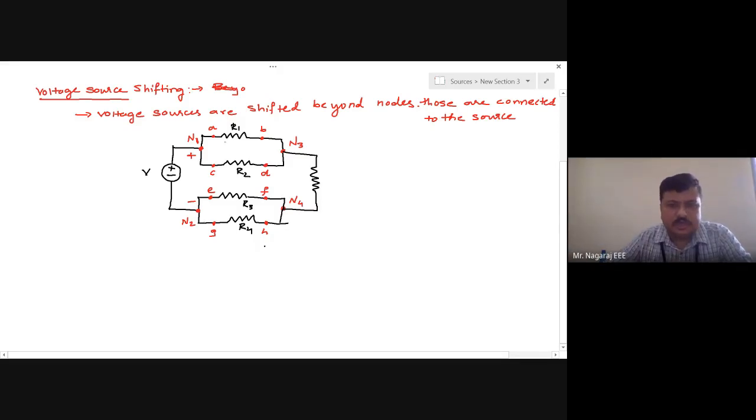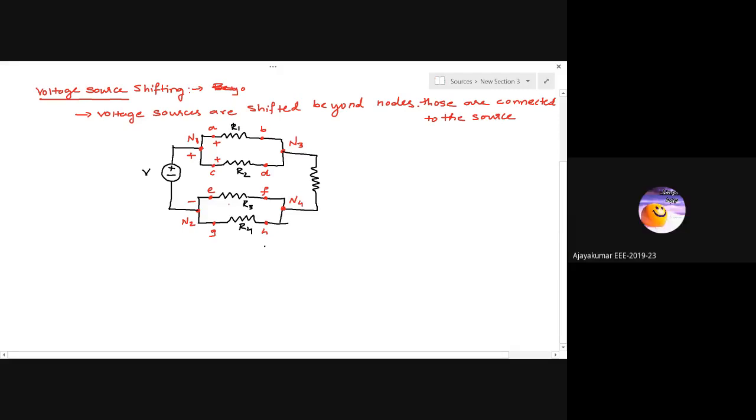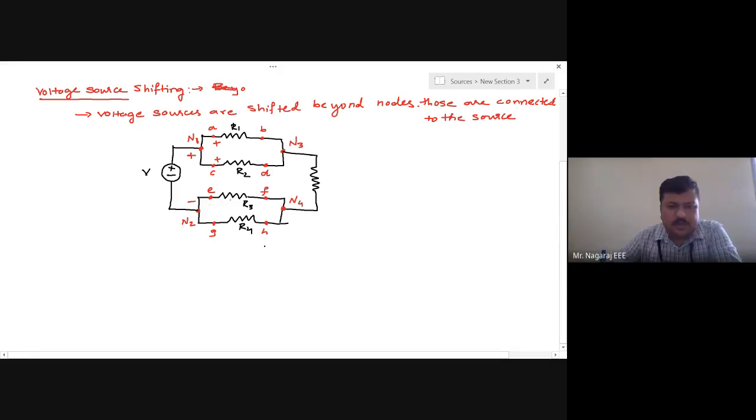R1 is connected to N1, R2 is connected to N1, so terminal A of R1 is at positive potential, and terminal C of R2 is also at positive potential. Similarly, terminal E of R3 is at negative potential, and terminal G of R4 is also at negative potential, because it is the same node connection.